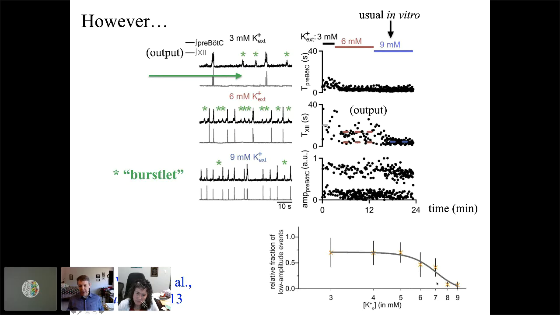Here's just a summary showing how increasing the external potassium causes the low amplitude fraction, so the burstlet fraction, to go away. Normally, the experiments are done with this elevated external potassium concentration, but in more in vivo-like conditions, there's this mix of bursts and burstlets.